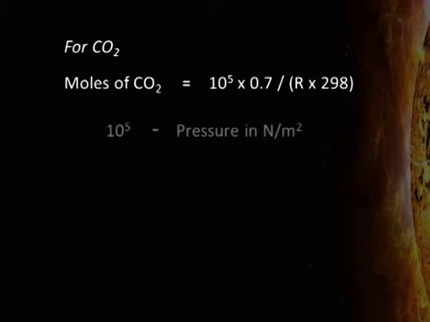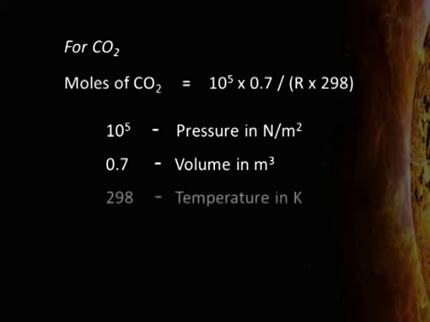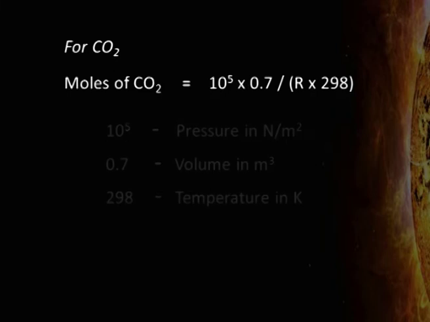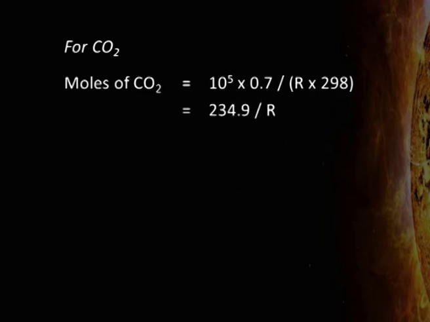Here 10^5 is the pressure in newtons per meter square, 0.7 is the volume in meter cube, and 298 is the temperature in Kelvin. So, number of moles of carbon dioxide will be equal to 234.9 divided by R.